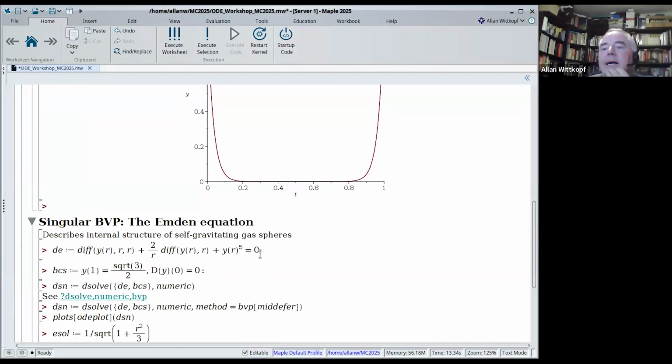This is a good one. I think I briefly mentioned this yesterday in the talk, but we handle singular coefficient problems on either end.